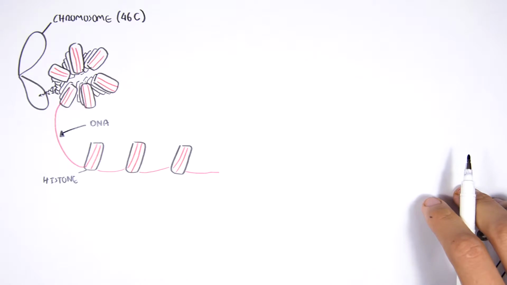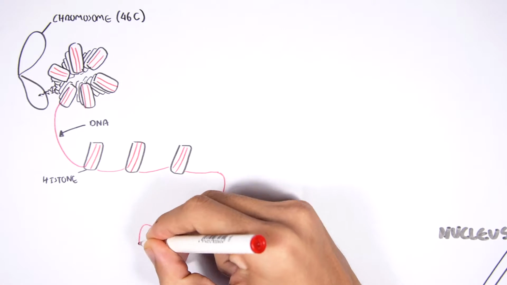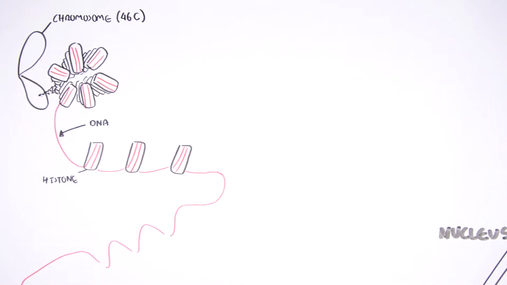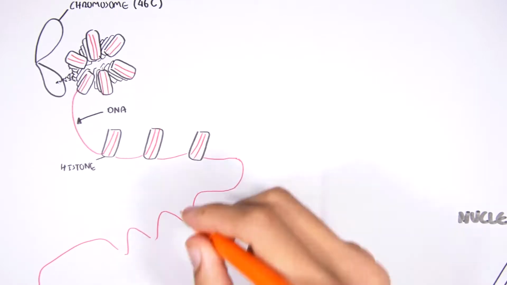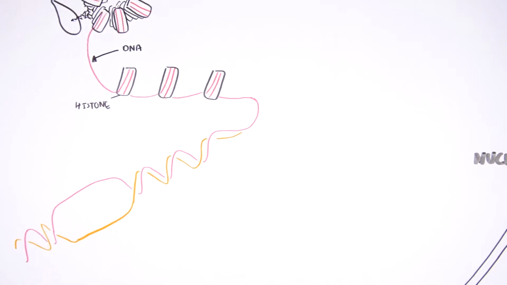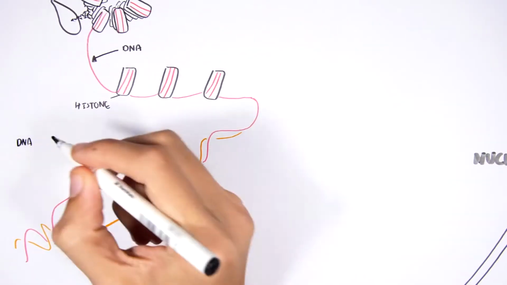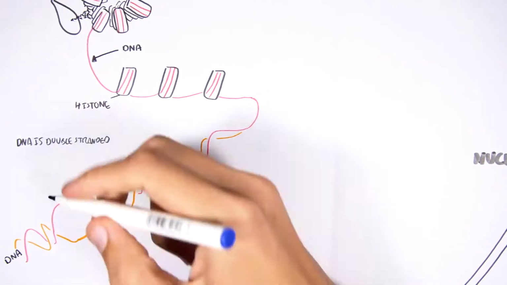Our genetic material is called DNA, or long, deoxyribonucleic acid. If we unwind the DNA, we can see that the DNA is double-stranded and is made up of nucleotides. There are 4 types of nucleotides which make up the DNA.